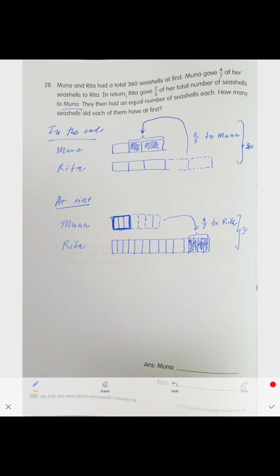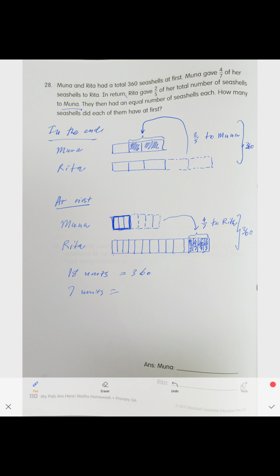And again, the total was the same, 360. Now, what can you see from here? You can see that your 18 units is 360. And we have our 7 units over here. So Muna had 7 units.